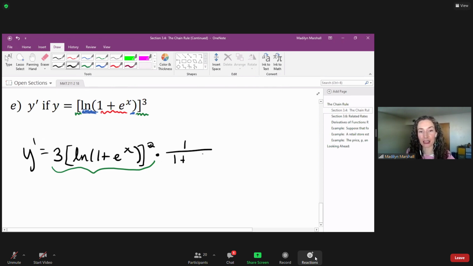So we have the 1 plus e to the x in there. So that's our next layer of chain rule. And then finally, we have the very interior function. And we would take the derivative of that. So 1 plus e to the x. The derivative of that is just e to the x.